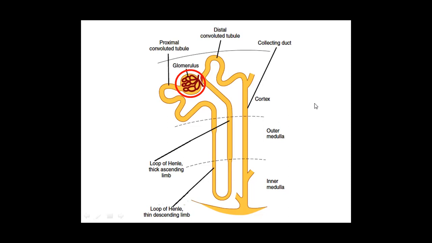Now, truly speaking, the Malpighian corpuscle shown here has two distinct parts. One is the glomerulus, another is Bowman's capsule. Accordingly, it is a junction of endothelium and epithelium components.